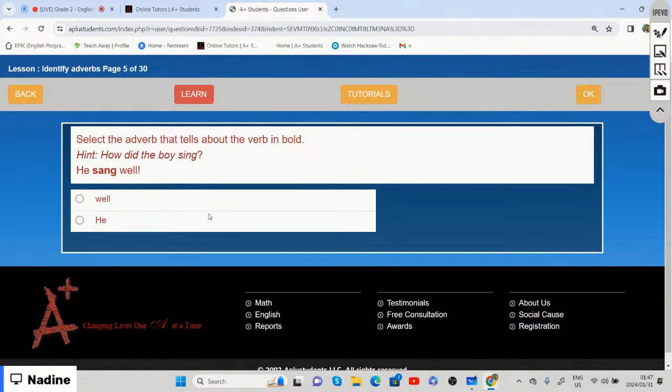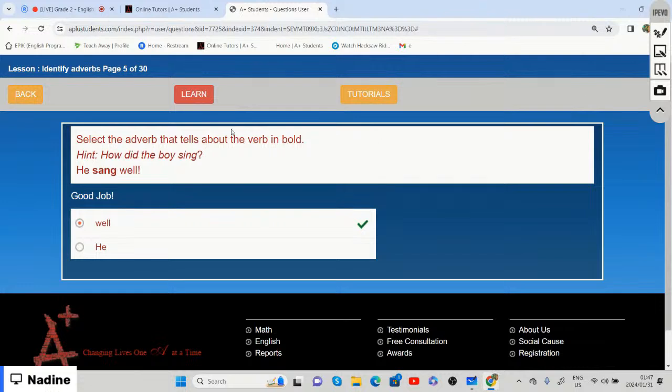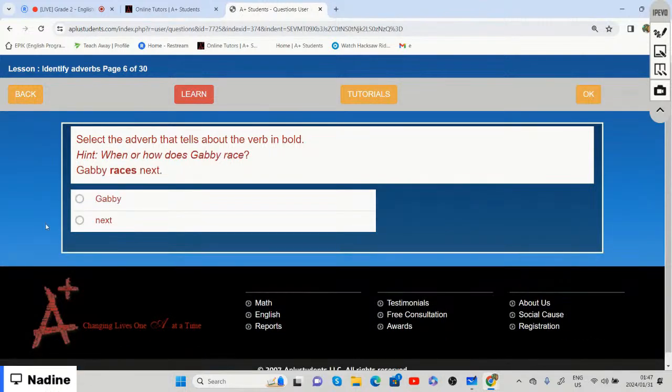So he sang well, which means the adverb in bold is well, and well is correct.